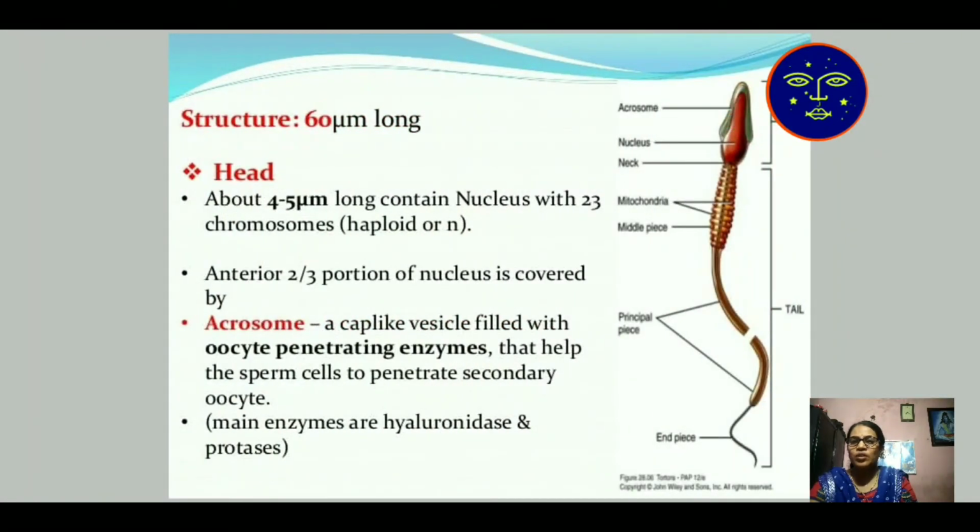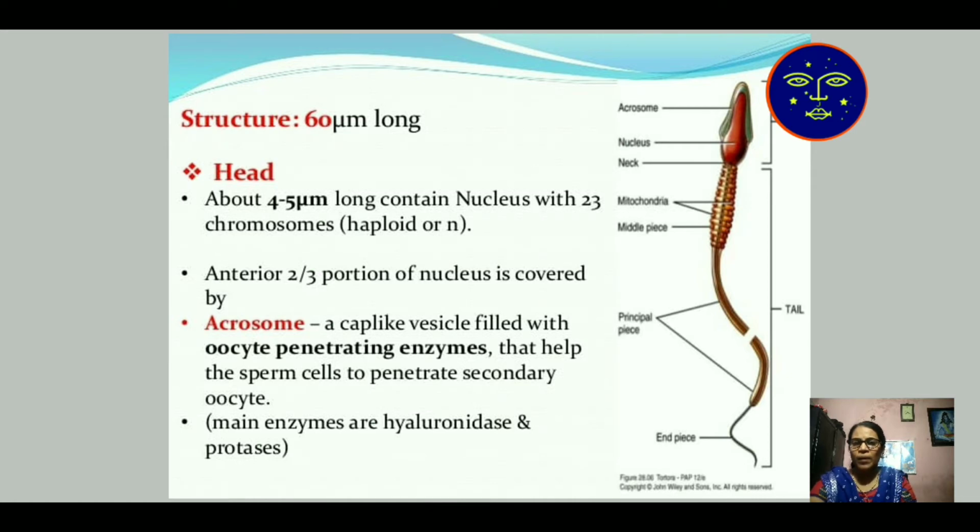Then the sperm structure, which is very important. The head is 4 to 5 micrometers long and contains the nucleus with 23 chromosomes, and the anterior two-thirds portion of the nucleus is covered by the acrosome.